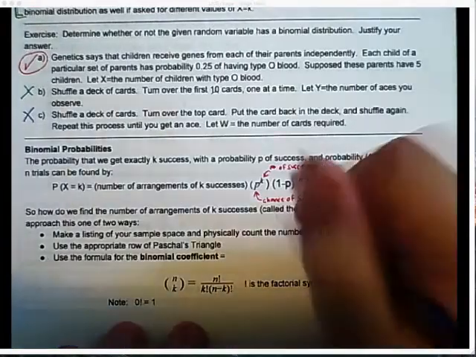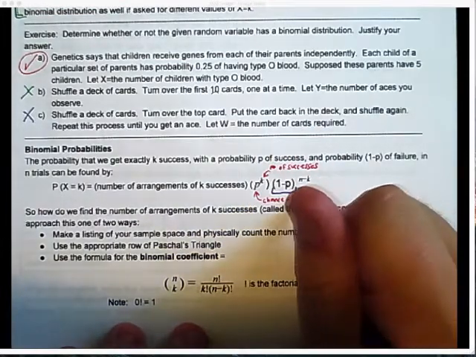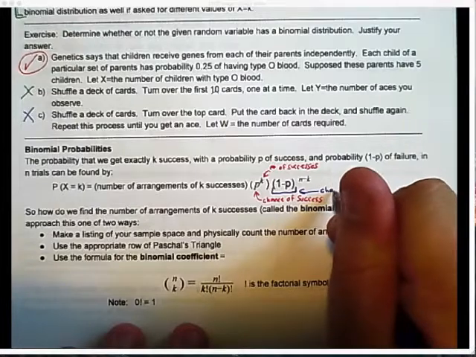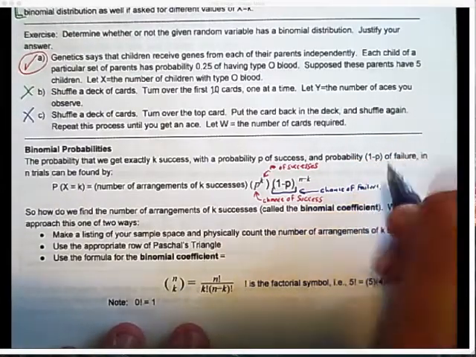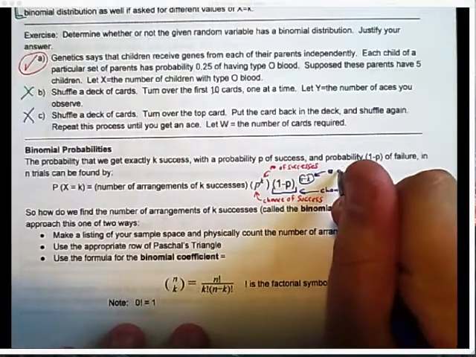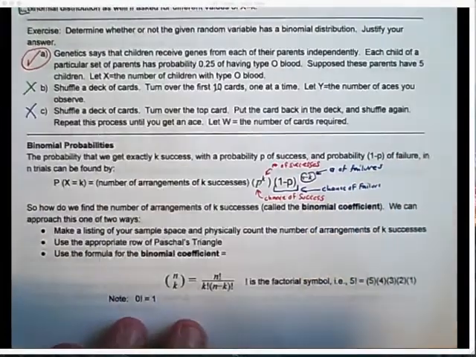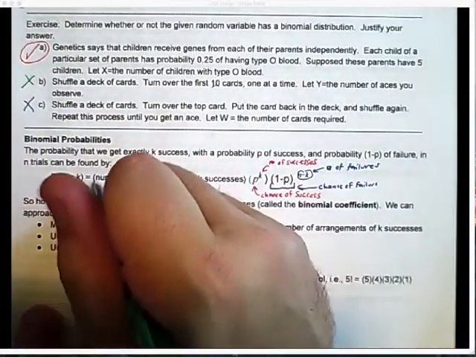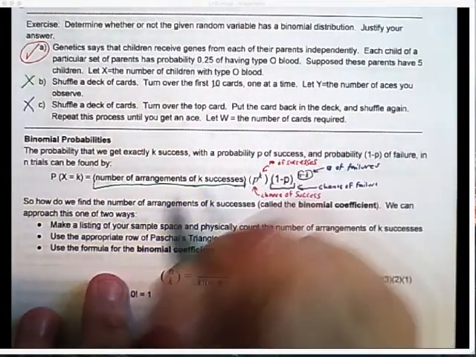This 1 minus p, if p is the chance of success, 1 minus p would be the chance of failure, and the n minus k would be the number of failures. And then in front here, the number of arrangements of k successes.